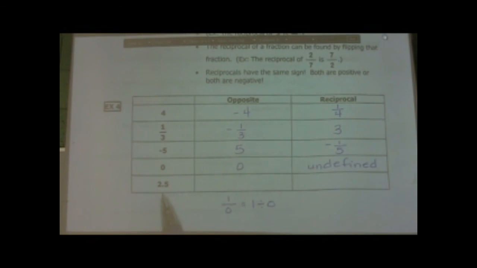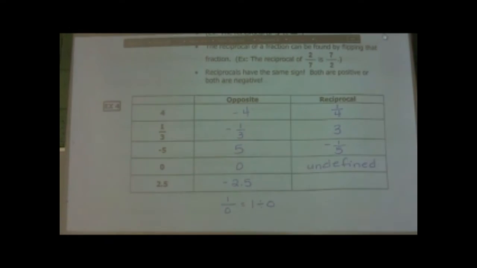Here's a tough one for you. What is the opposite of 2.5? Negative 2.5. Okay. What is the reciprocal of 2.5? Well, remember, it's going to be the same sign. So it's going to be positive. It's going to be 1 over 2.5. Now here's the only issue.